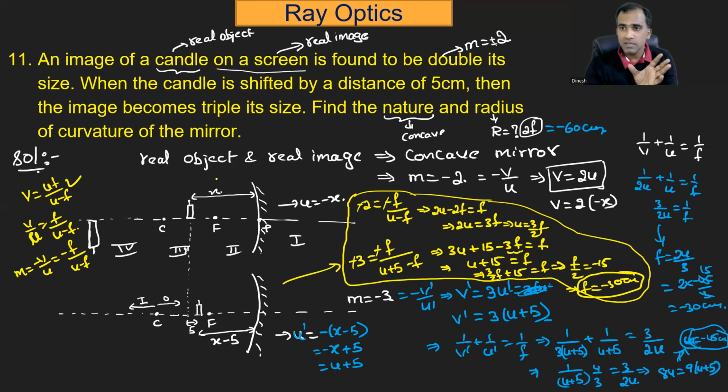So it will not consider the sign. Then it is easy for you. This is x, this is x minus 5. Then you can understand it in terms of U. U is minus x. So in these kind of problems, if you put U minus 5 instead of U plus 5, we will not get the answer. So we have to be careful with the sign in these kind of problems.